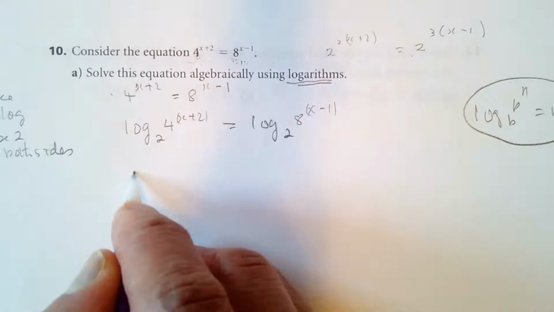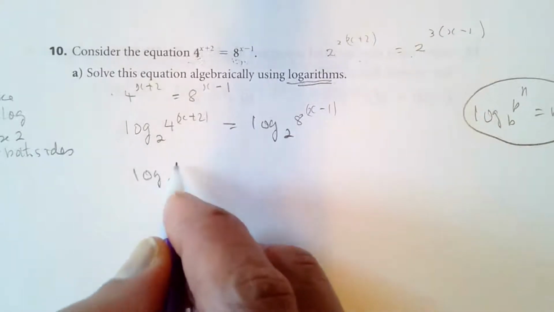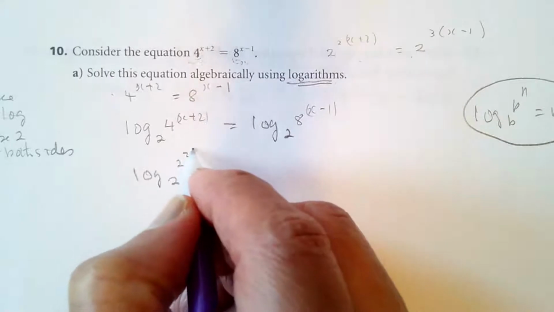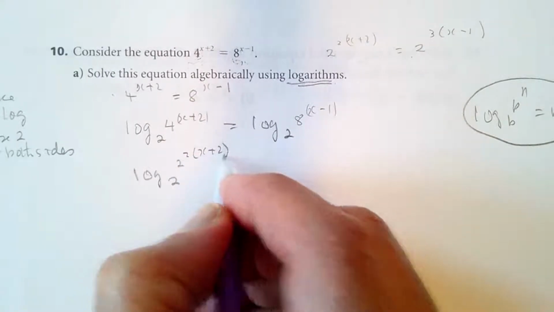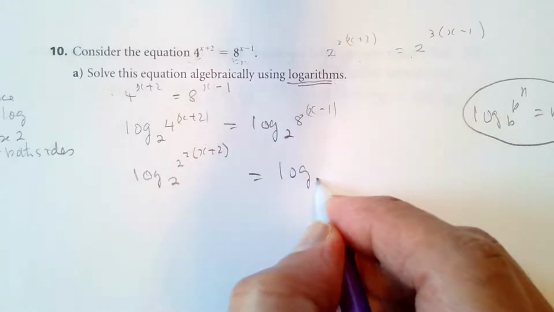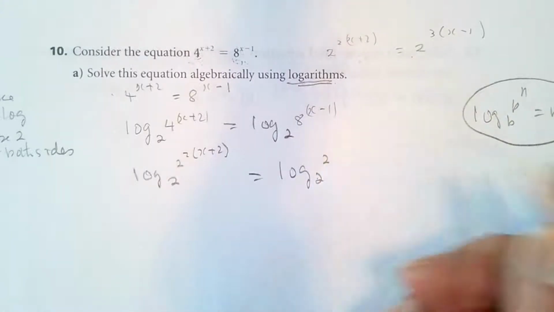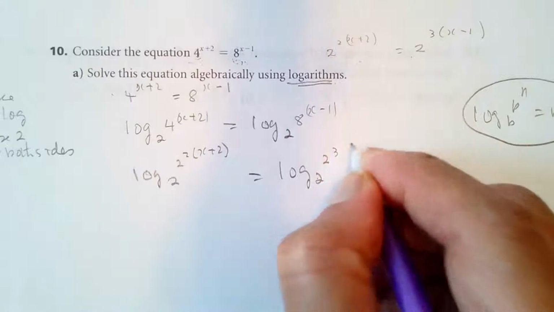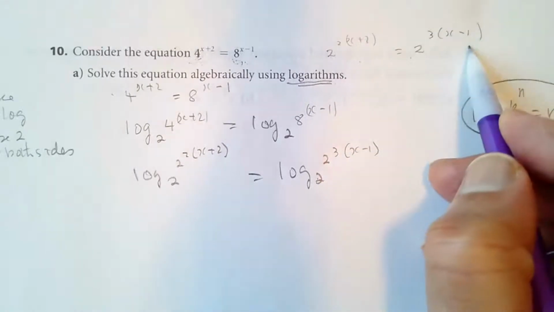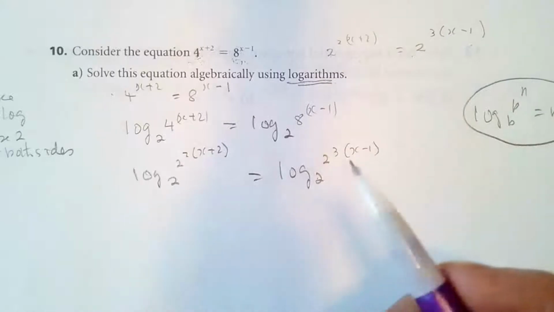So we have here log 2 of 2 to the 2, so this would be 2x plus 2 is equal to log 2 of 2 to the power 3 into x minus 1. Similar to what we already have, but we are asked to use logs.